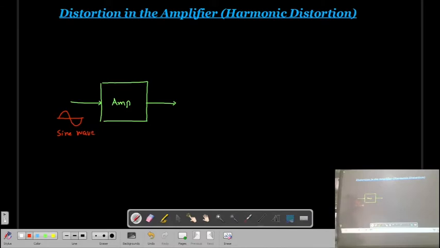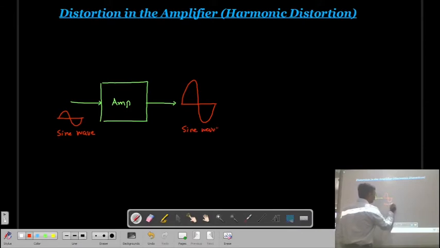Then in the output also, if this amplified signal, the larger version of the signal, is also a purely sine wave, correct? It means the shape of the input signal and the shape of the output signal is identical, then we can say there is no distortion introduced by the amplifier circuit.